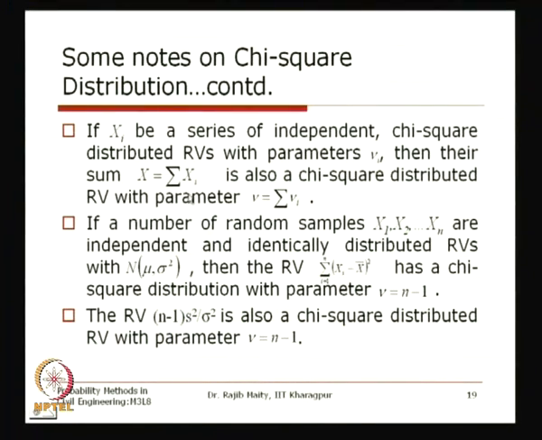So that is explained here as the first note on the chi-square distribution.